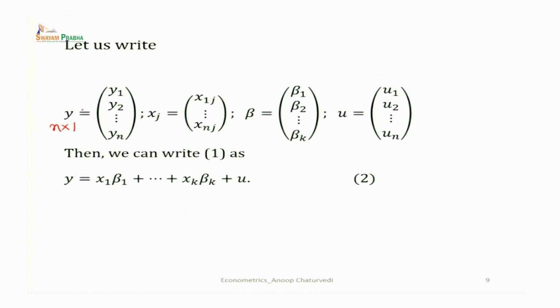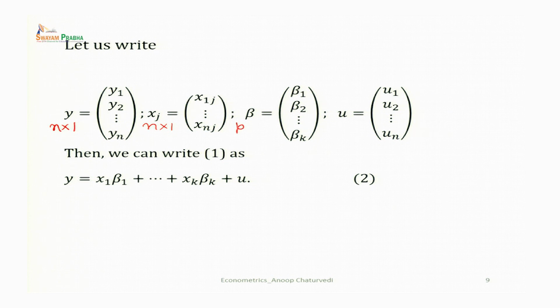So, actually y is an n cross 1 vector of observations on the dependent variable. Then we take the n cross 1 vector xj as x1j, x2j, so on xnj. So, actually xj is an n cross 1 vector of observations on the jth explanatory variable or jth independent variable.